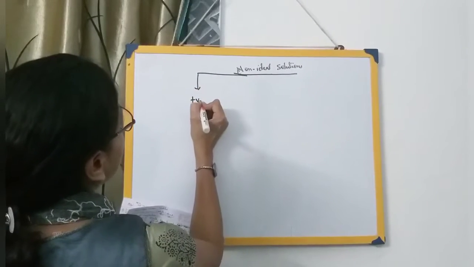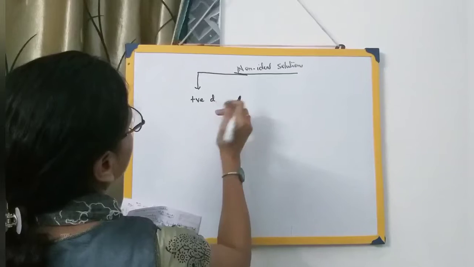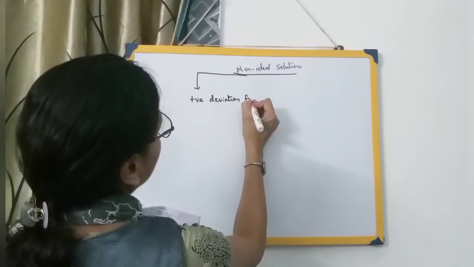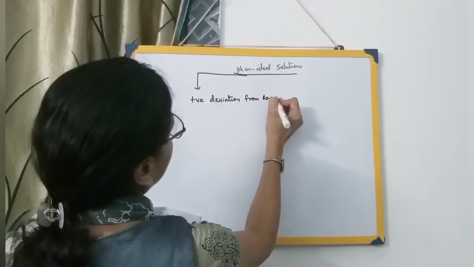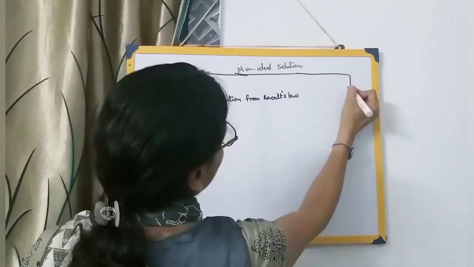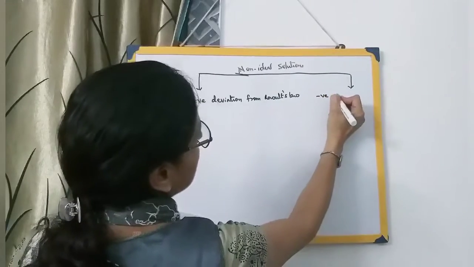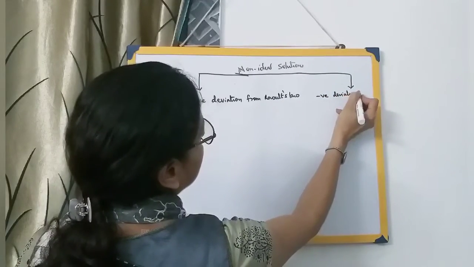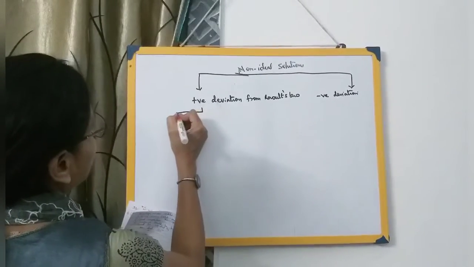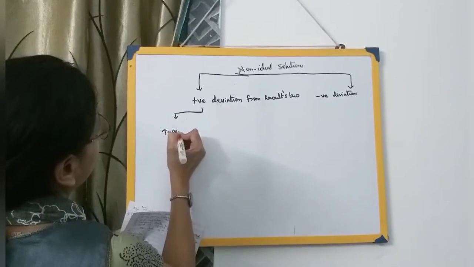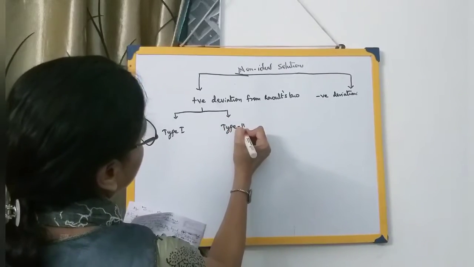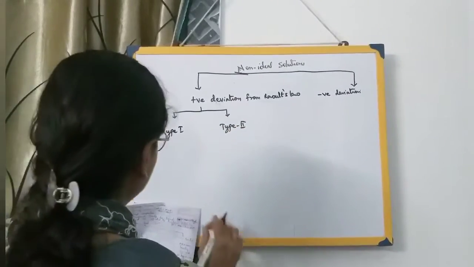That is, the one showing positive deviation from Raoult's law, and the other one was the solution showing negative deviation from Raoult's law. Now under this positive deviation, again there were two types of solution, that is type 1 and type 2. There were two types of solutions showing the positive deviation.